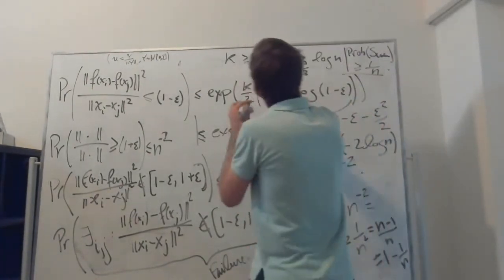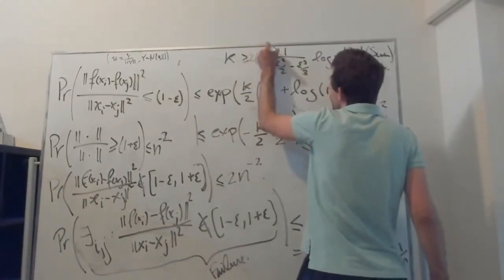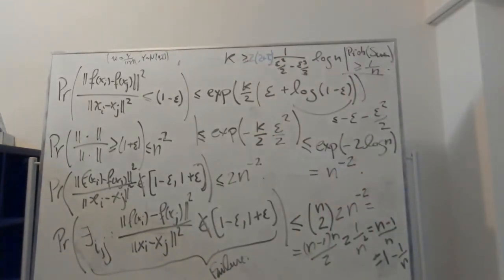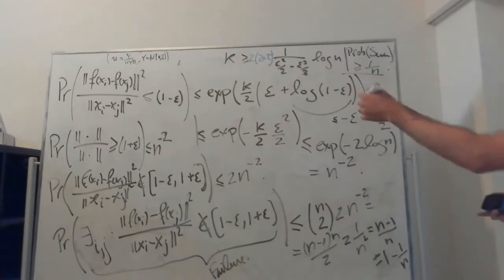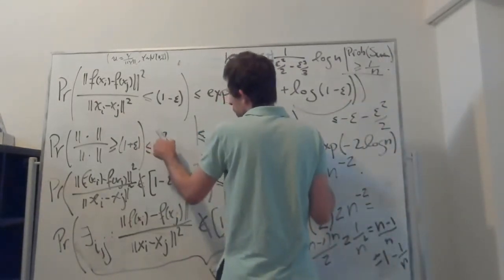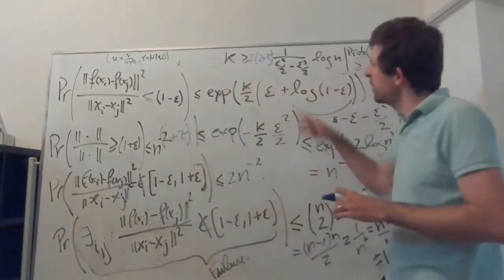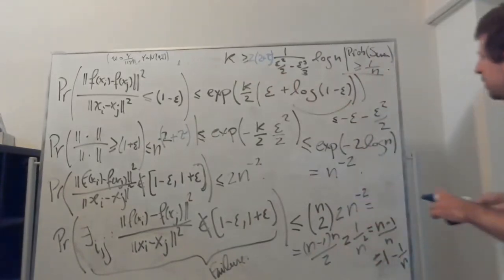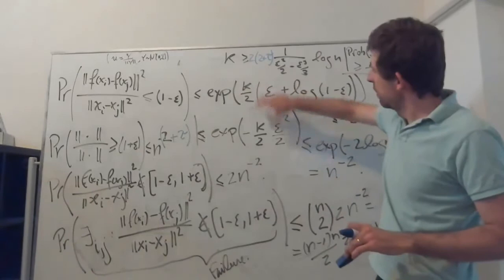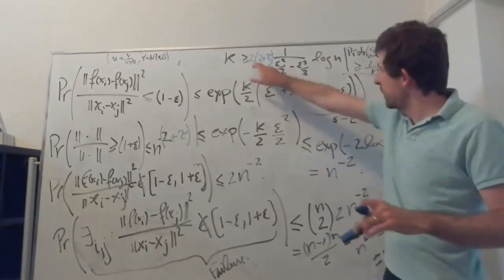If instead of 4, we ask that this is bigger than 2 times 2 plus some tau, so just a little bit more, then when I run this argument, the probability of failing is smaller or equal than n to the minus 2 plus tau. Because the 2 came over exactly from over there.